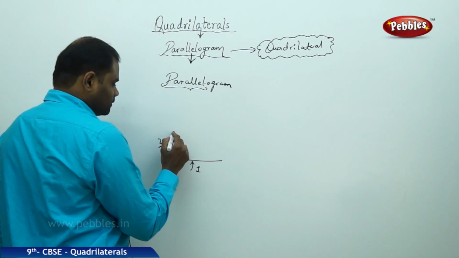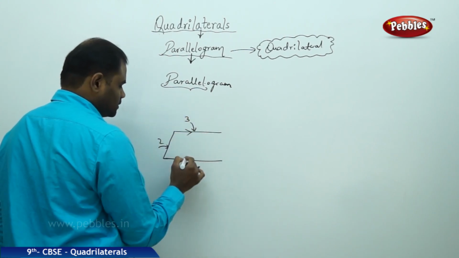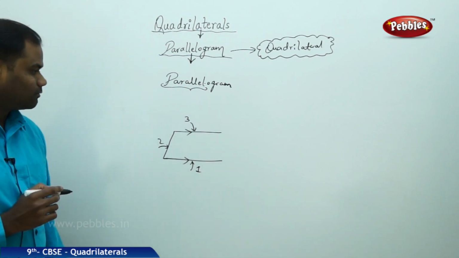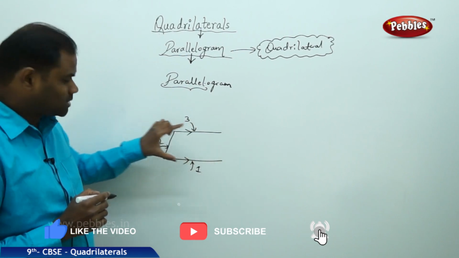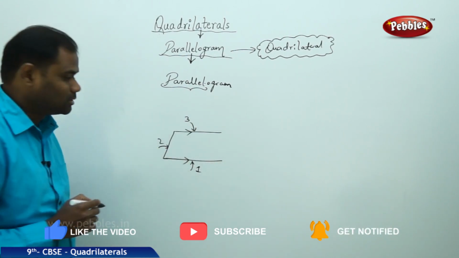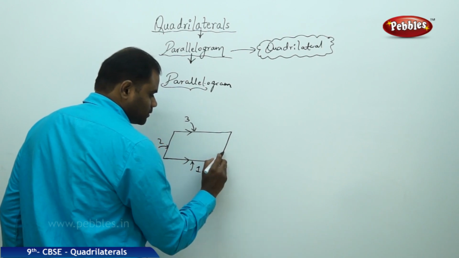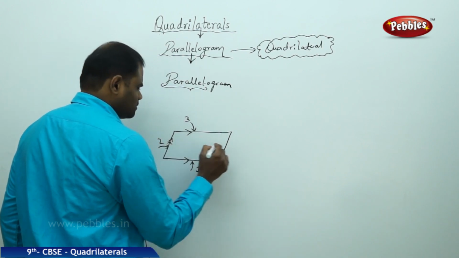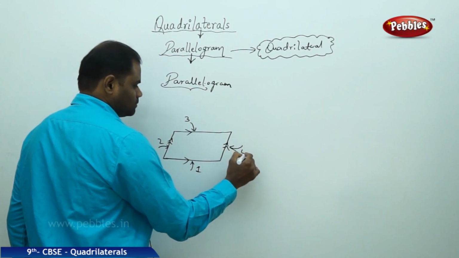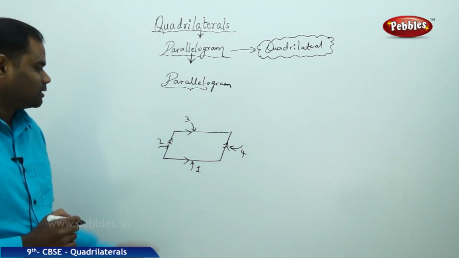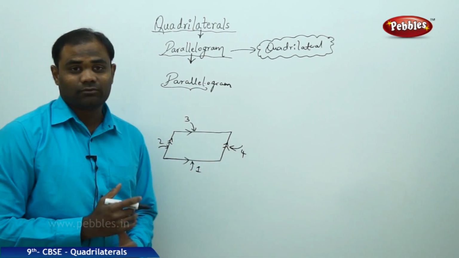The third line which I take must be parallel to the first line, and the fourth line which I take, the condition is that that fourth line must be parallel to the line 2. That means if I take this out here, then this must be parallel to this, is how we understand line 1 parallel to line 3 and line 2 parallel to line 4.